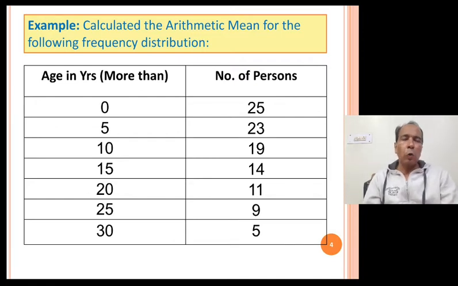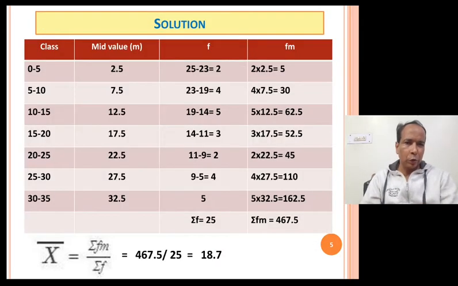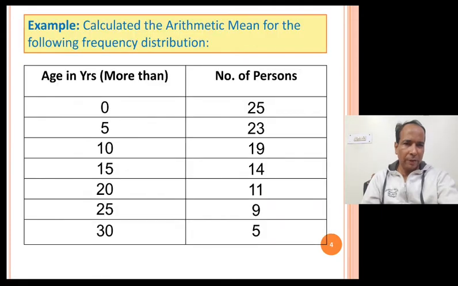So now how will we calculate arithmetic mean for this frequency distribution? Let's see. Here we need to classify the data. Since it is in more than frequency, we need to work upon it. So how can classes be formed? Here once again I move on to the previous slide. More than 0, more than 5, more than 10, more than 15, all have the difference of 5.